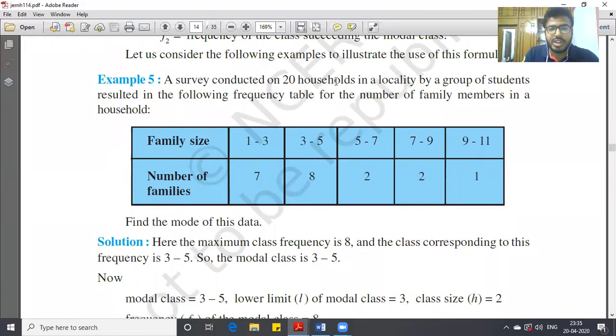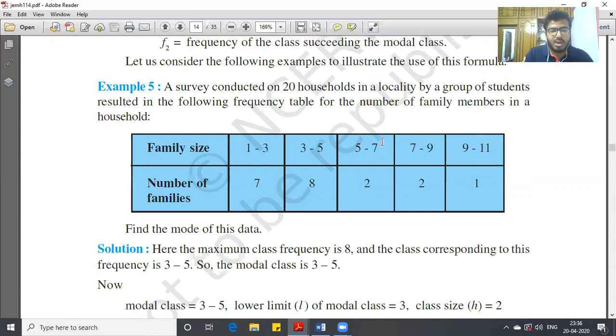A survey conducted on 20 households in a locality by a group of students resulted in the following frequency table for the number of family members in a household. The family size is given as 1 to 3, 3 to 5, 5 to 7, 7 to 9 and 9 to 11. In this, 1 to 3 has 7, 3 to 5 has 8, 5 to 7 has 2, 7 to 9 has 2 and 9 to 11 has 1. So there are 20 households. So the number of families in each family size: in families of 1 to 3 members, there are 7 such families. In 3 to 5 members, how many? 8 families, like this.